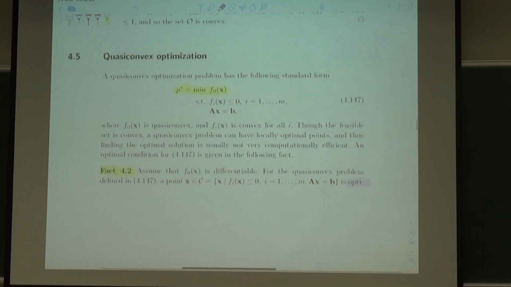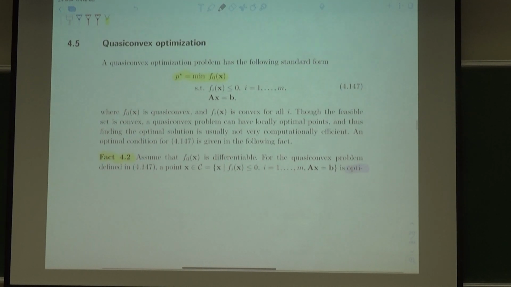Now, we move on to section 4.5, quasi-convex optimization. What is a quasi-convex optimization problem? It's nothing but a different optimization problem.